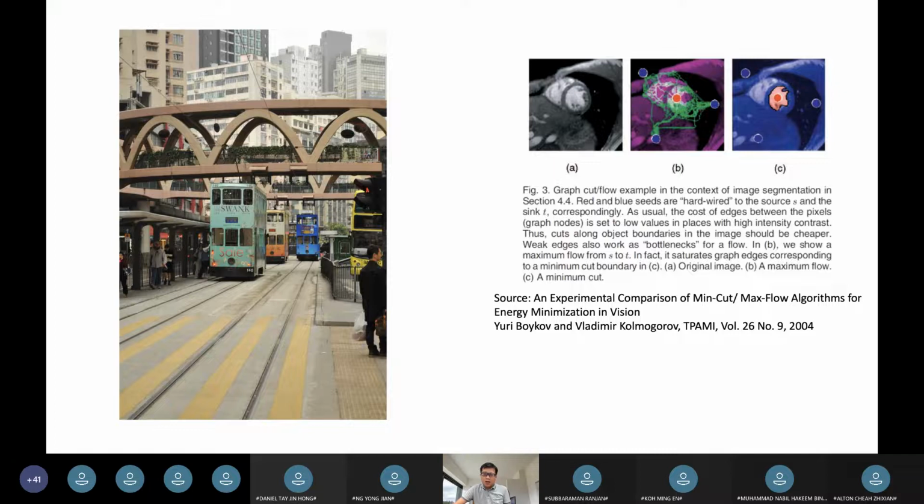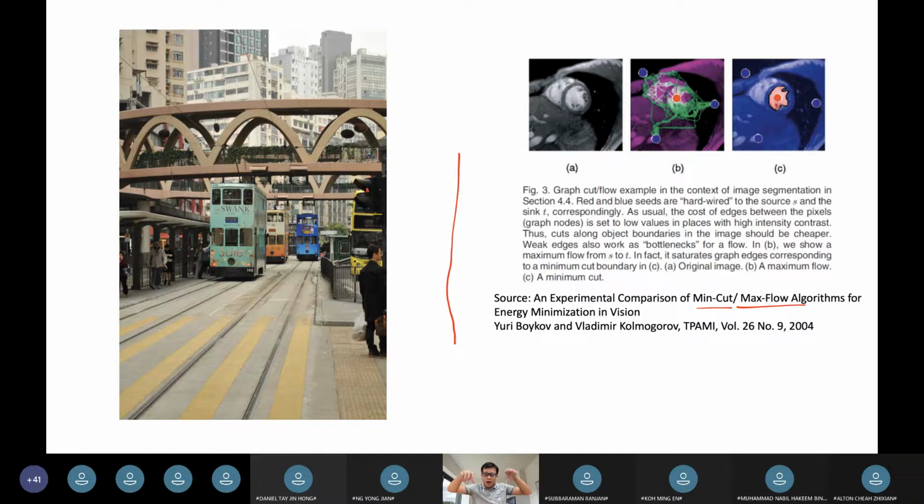In computer vision or other areas, we can also use this. This is called maximum flow, or they call it min cut. What does min cut mean? It means that you have a network where you can cut it, so that you can break the network.